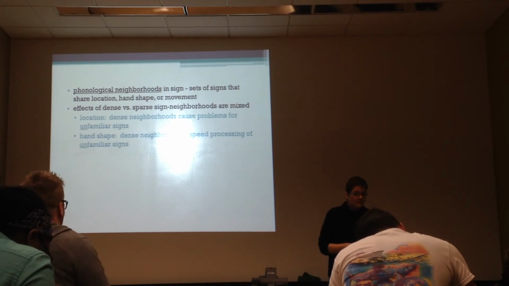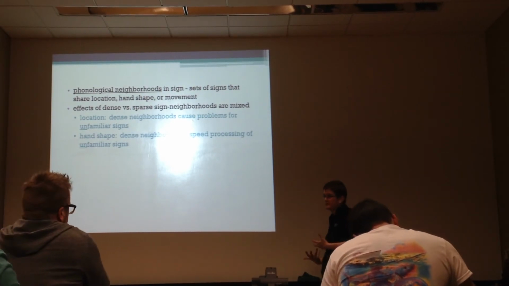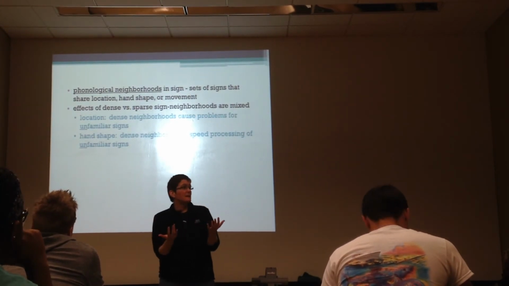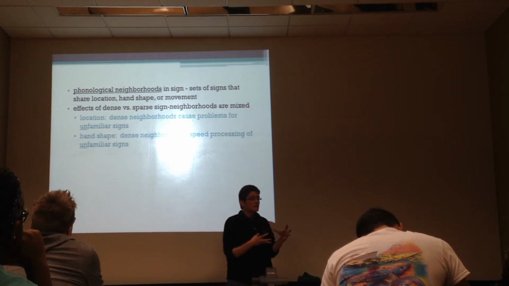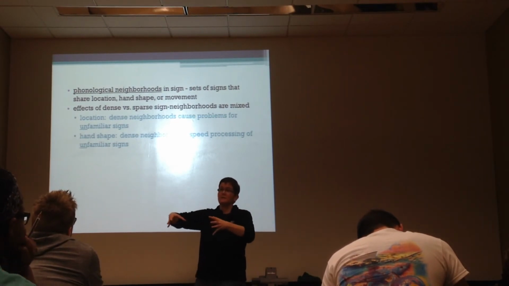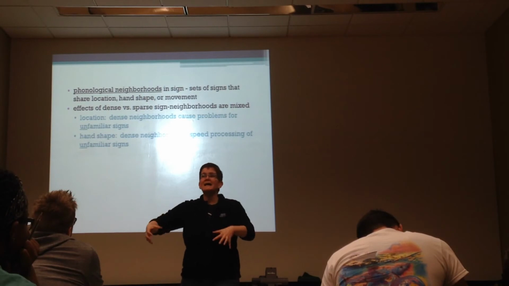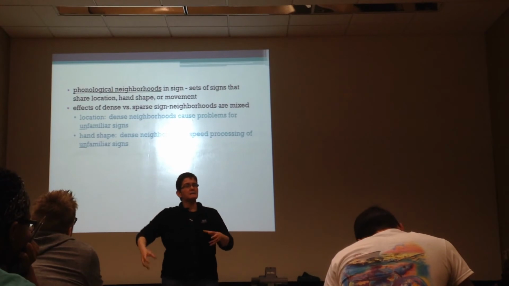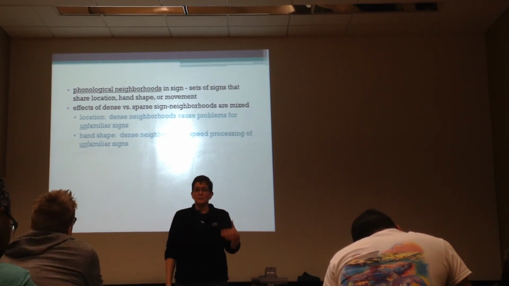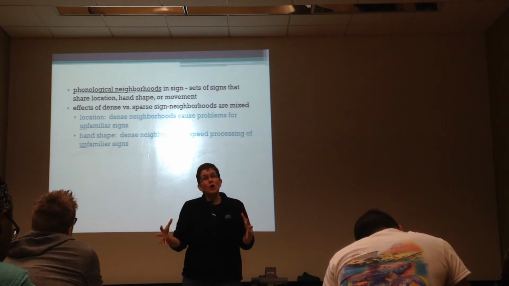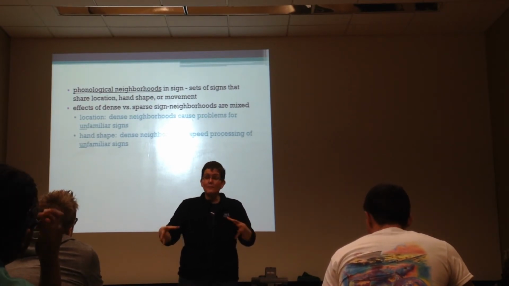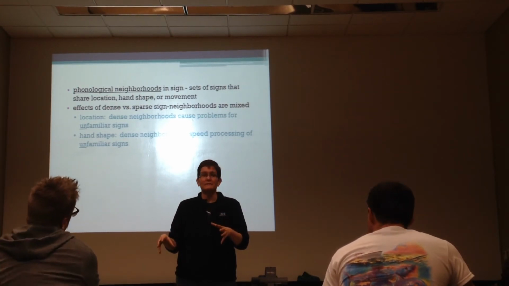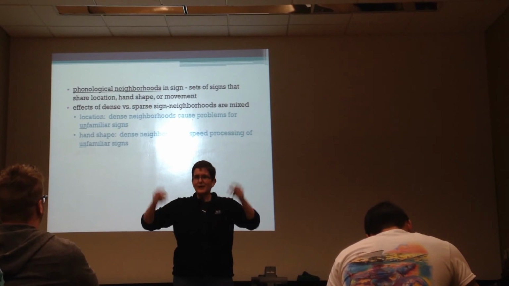So in a very dense neighborhood, a neighborhood that has lots and lots of members that all share a particular location, okay, so these are all signs that are all made in the same place in the signing space, if you have a lot of signs that are made in that same place, unfamiliar signs are harder to process, because there's so many signs you know that are made in that space, it's hard for you to recognize signs that aren't very familiar because the very familiar ones keep trying to get triggered in your head.